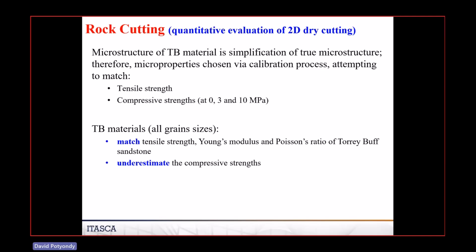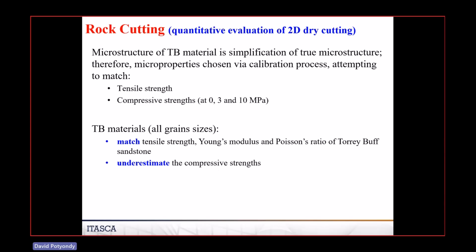So since we can't match both, we're going to have to choose. So I'm going to choose to match the tensile strength because I believe it's the tensile strength that's governing the formation of those chips, okay? So we're going to match the tensile strength, the Young's modulus, and Poisson's ratio of the actual sandstone, and we're going to underestimate compressive strengths.